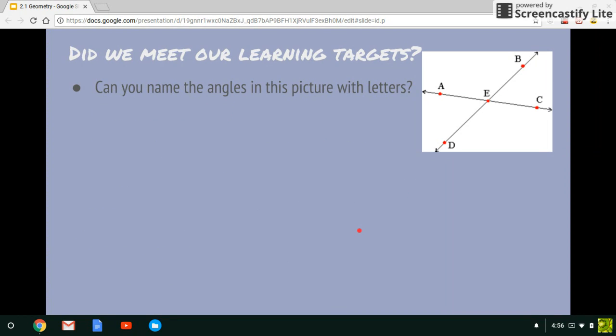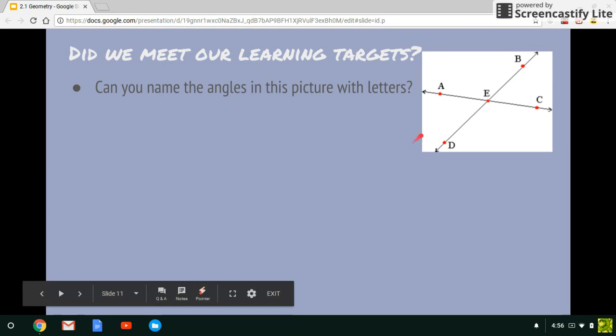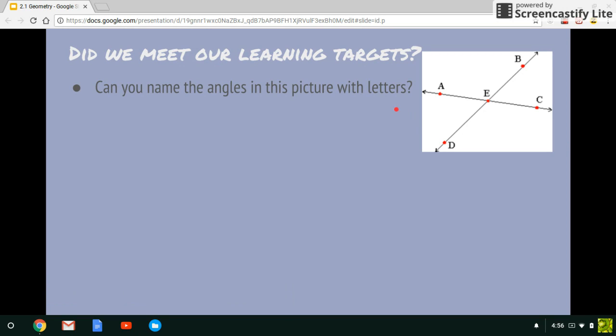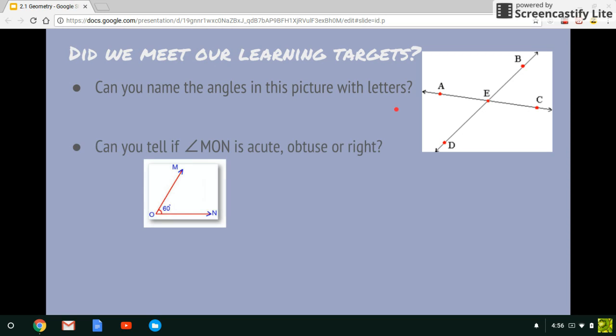Okay, so let's self-assess here. Did we meet our learning targets? Can you name the angles in this picture with letters? There should be 4. Can you tell me if angle MON is acute, obtuse, or right?